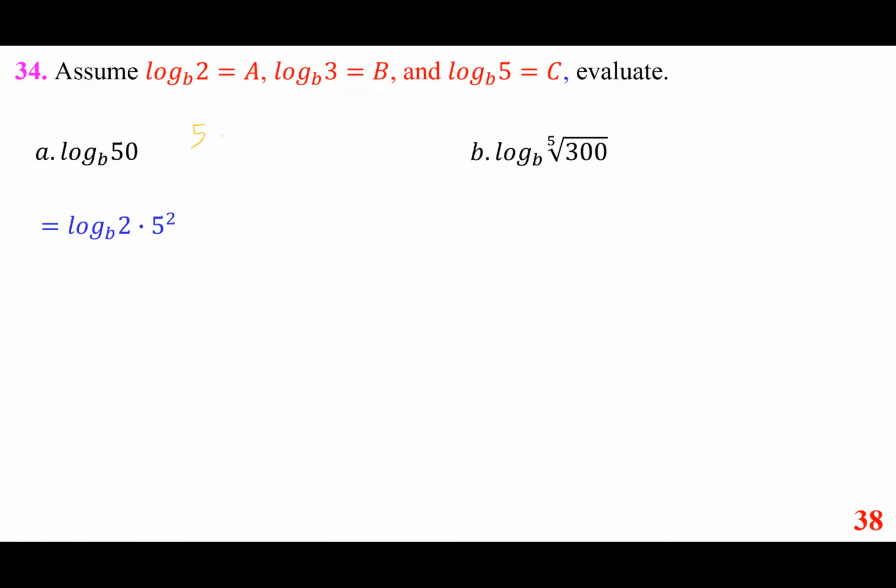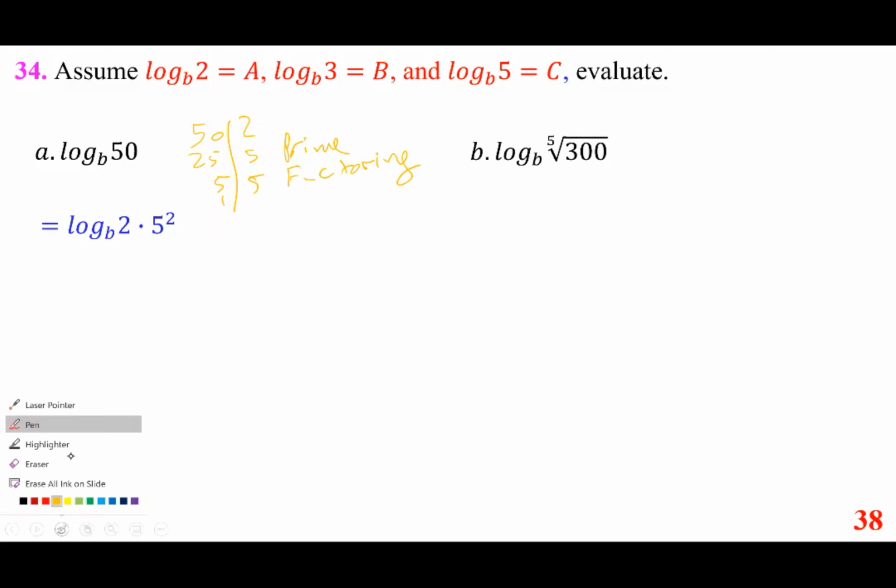If I were to factor 50, divided by 2 is 25. Remember prime factoring, I'm assuming you know that. 5, 5, 5, 1. Prime factoring, that's all I'm doing. Basic math. So this is log 2 plus log of 5 squared.